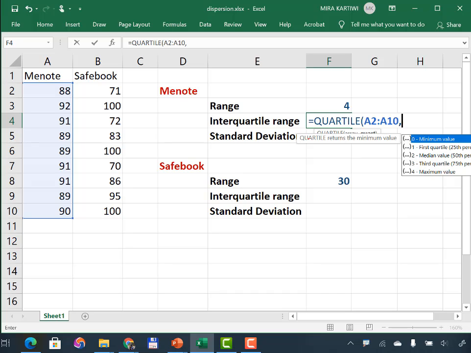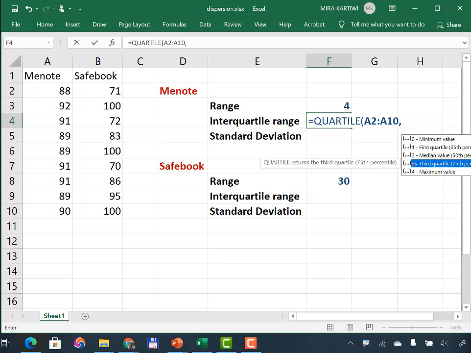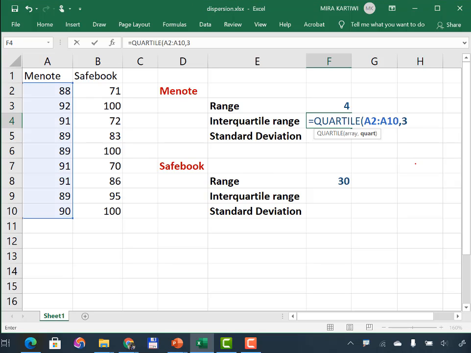So it shows you which quartile it is. We are interested in the third quartile. Okay, so quartile 3 minus, let's have a look at another quartile, which is quartile 1. Let's give the range again.